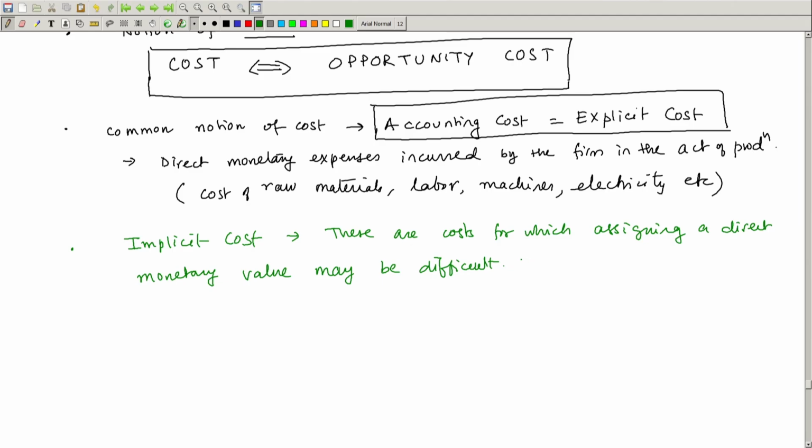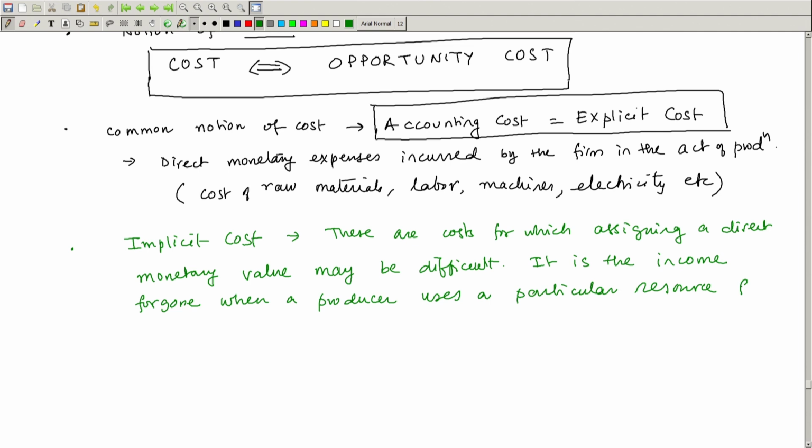So they do not involve an explicit monetary value or a monetary component. So you could think of it as the income foregone when a producer uses a resource for a specific activity instead of its alternative use.